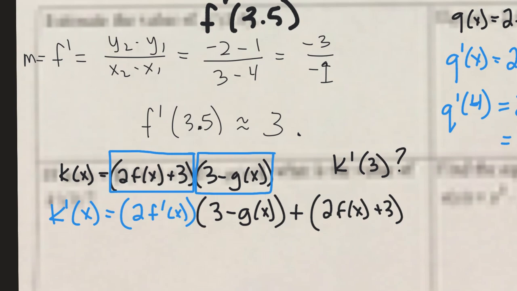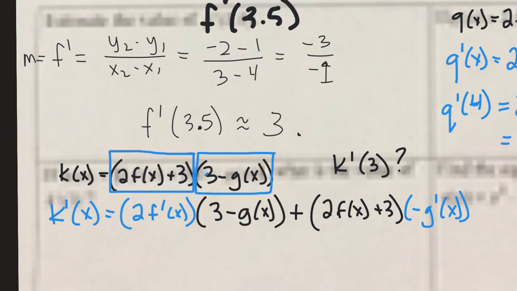What's the derivative of 3? 0, right? So 0. And then we have a negative g prime of x. The negative stays there, and we turn g into g prime. So anytime we have a constant inside of our parentheses, the derivative of the constant is 0 and is no longer applicable.